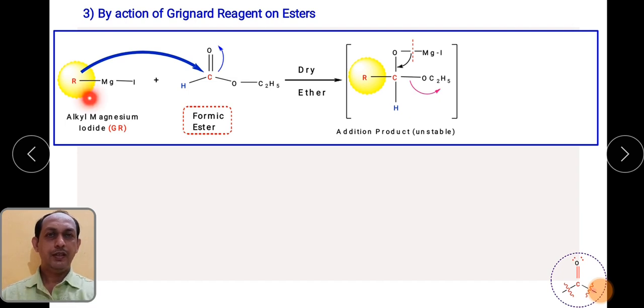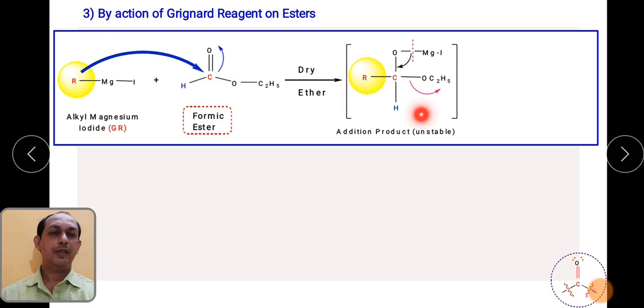As we have seen, the Grignard reagent has the formula RMgX, and the carbon attached to the magnesium is nucleophilic in nature. It attacks the carbonyl carbon, and the addition product forms when the Grignard reagent adds across the formic ester.